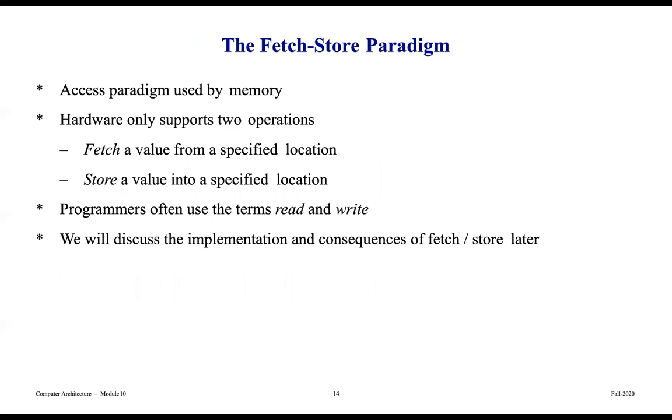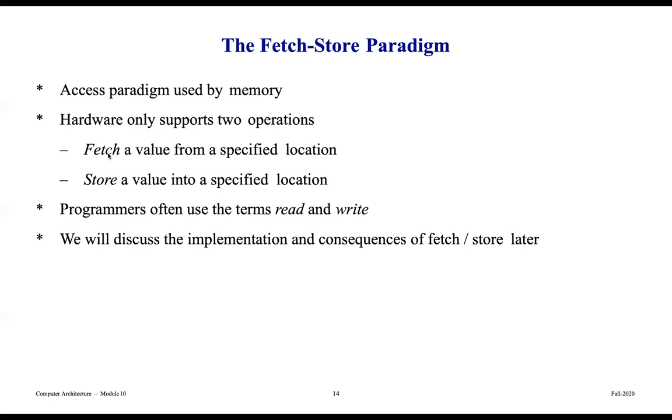What about the fetch store paradigm? This is how you would think in terms of the access paradigm that a memory would use. The hardware only supports two options: fetch and store. The first is to fetch the value from a specific location, and store is to take the information that's in a specific area and load it.